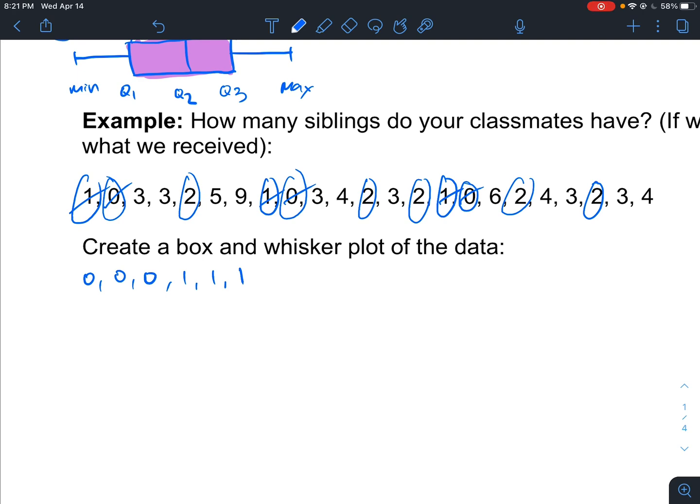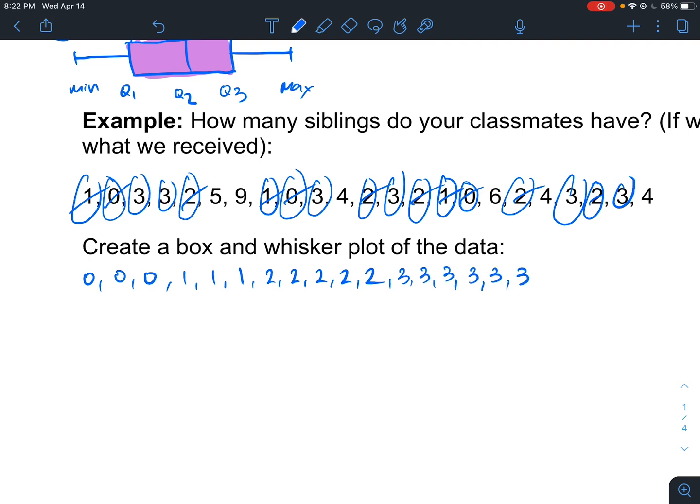So I think that's 5 2s. So 1, 2, 3, 4, 5. And then for 3s, I see 1, 2, 3, 4, 5, 6.